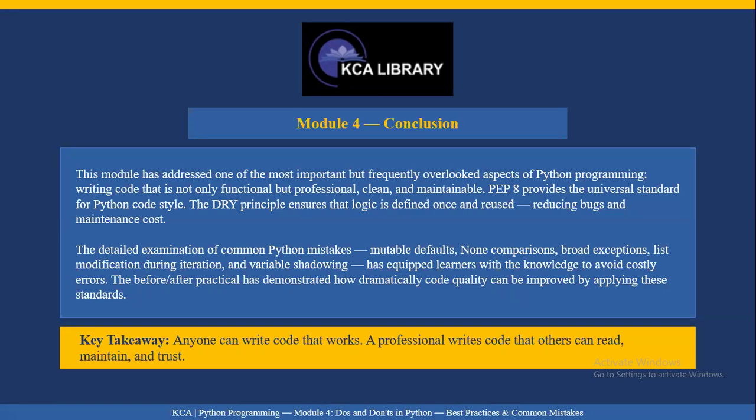The detailed examination of common Python mistakes, mutable defaults, None comparison, broad exceptions, list modification during iteration, and variable shadowing has equipped learners with knowledge to avoid costly errors. The before and after practical has demonstrated how dramatically code quality can be improved by applying these standards.